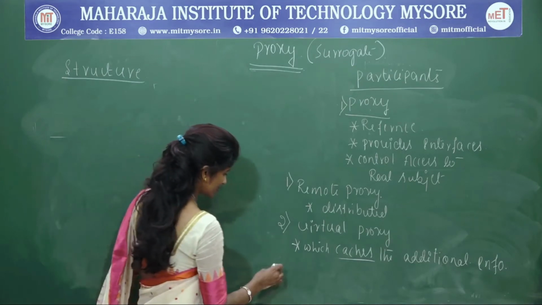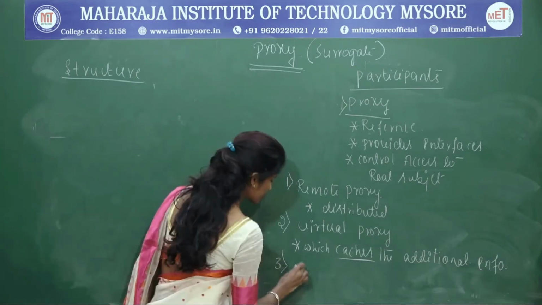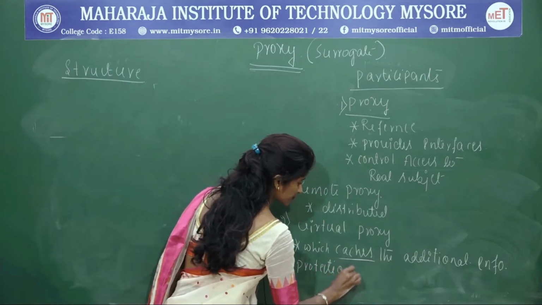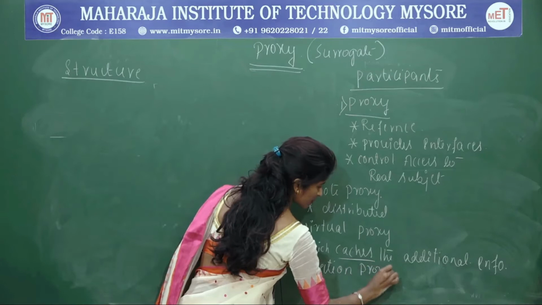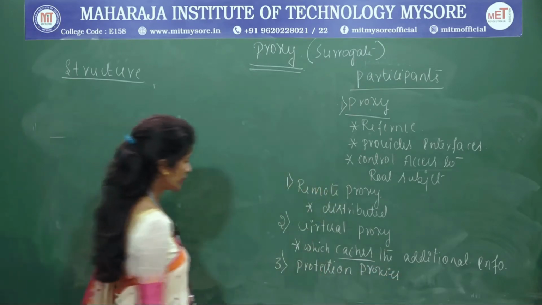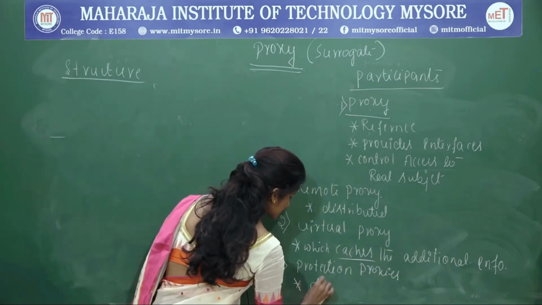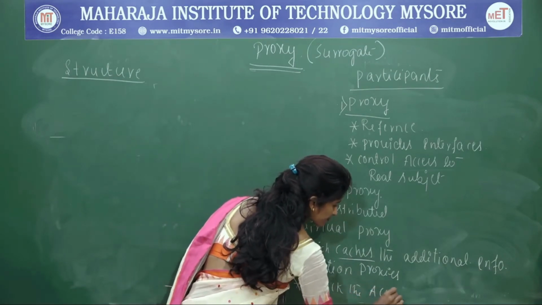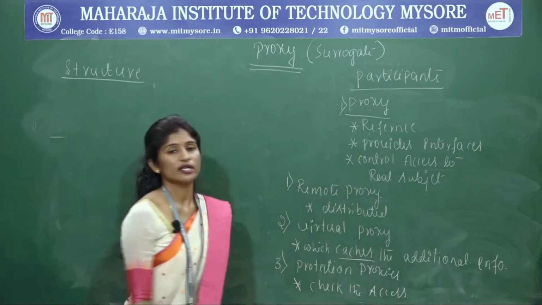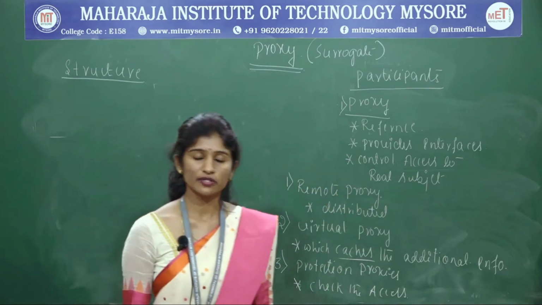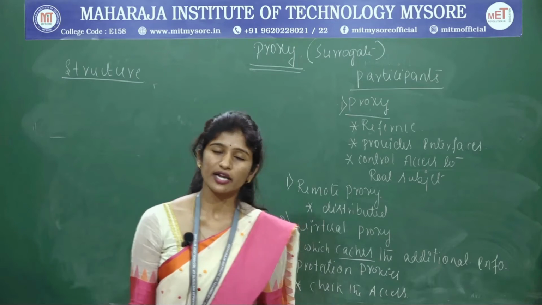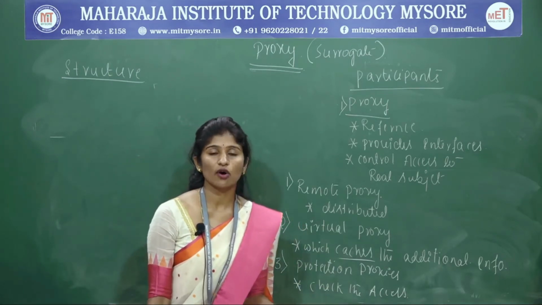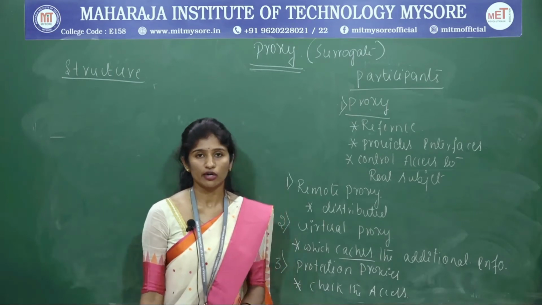We'll see the last one, the protection proxy, which is going to check the access of the person who requests any of the activities, whether it is a right access or a wrong, unauthorized access.